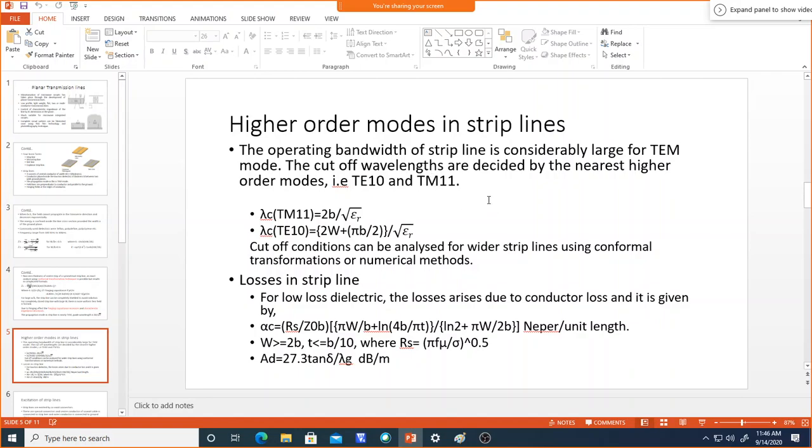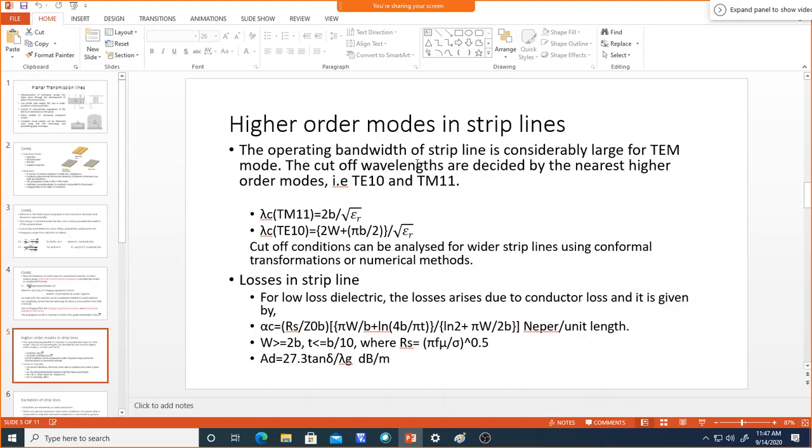Even if you modify the structural parameters or the structure of the strip line, the higher order modes can also be made to transfer energy efficiently. Okay, so how these higher order modes in the strip lines look with respect to some structural or dimensional parameters.